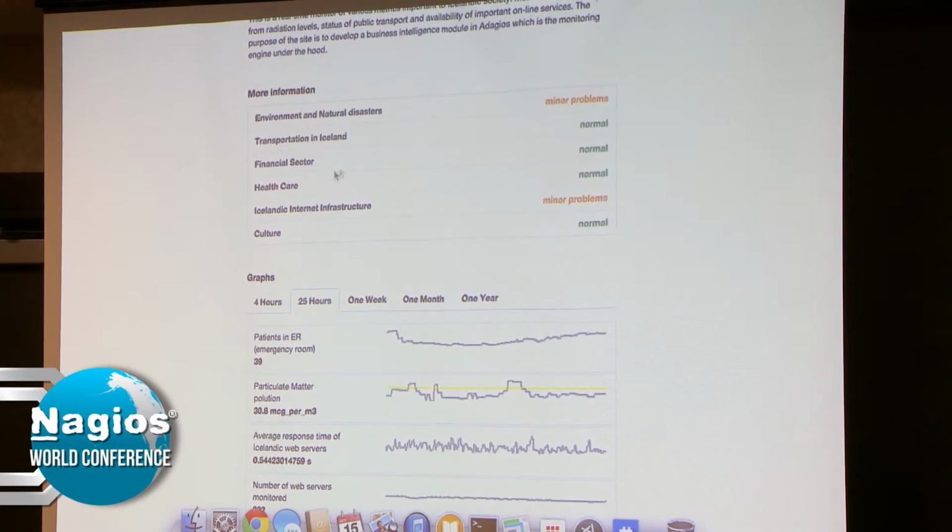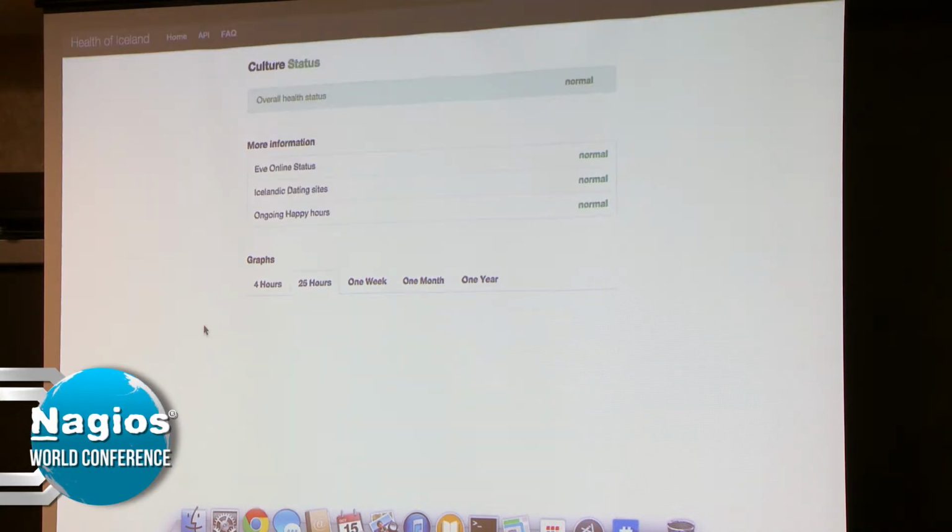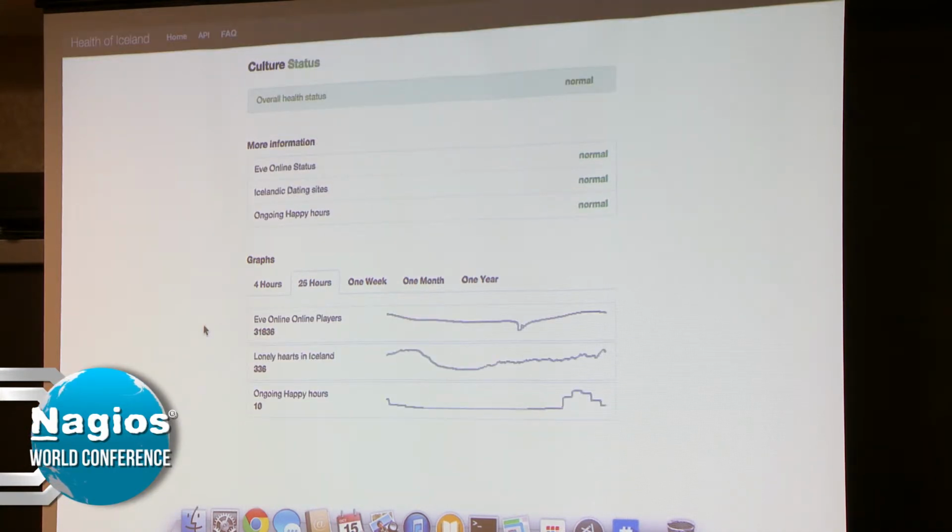Okay. We have a few things here that are maybe a little bit subjective. So we have a section called culture. And we've been trying specifically to find metrics that measure happiness. We have EVE Online.